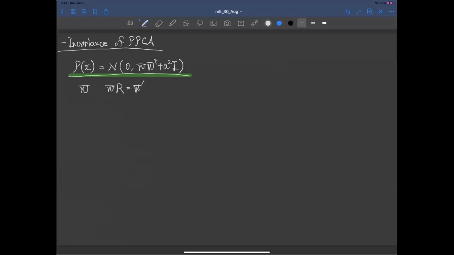If I apply W dash instead of W, then the covariance matrix is like this, right? Then this is W R R transpose W transpose plus some sigma squared identity matrix.